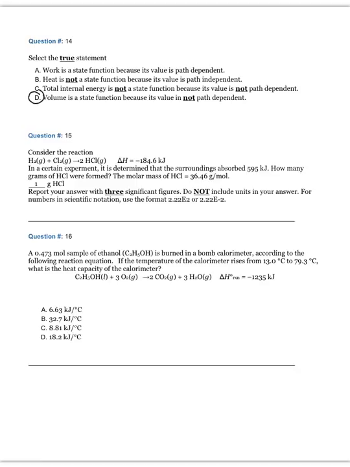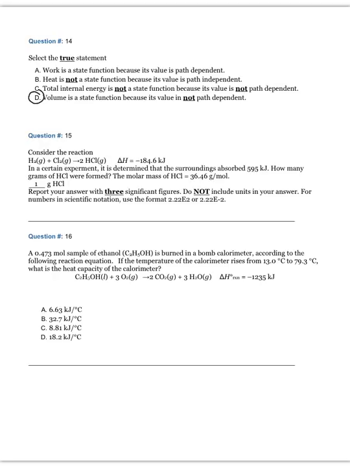Question number 15. Consider the reaction: 1 mole of hydrogen gas plus 1 mole of chlorine gas yield 2 moles of hydrogen chloride gas. The enthalpy of that reaction is -184.6 kilojoules. In a certain experiment, it is determined that the surroundings absorbed 595 kilojoules. How many grams of HCl were formed?